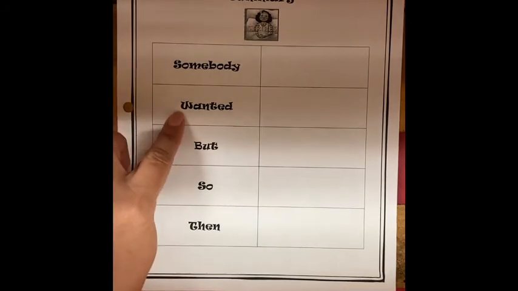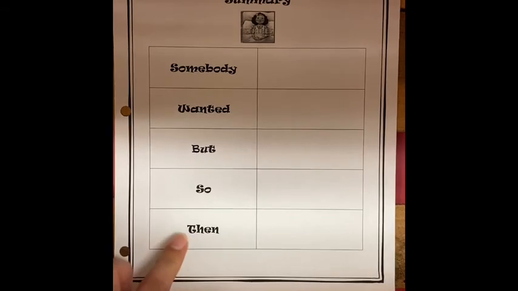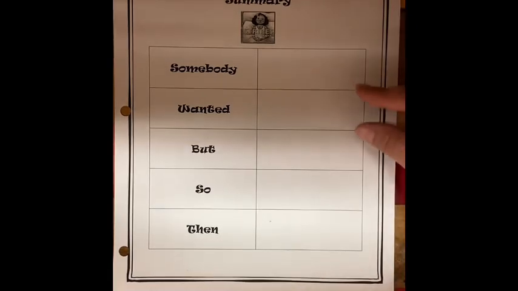Somebody wanted, but, so, then. This is going to be uploaded to your Class Dojo student account. It's going to be on your student to-do list on Class Dojo. So you click on this assignment. It's going to be called A Bad Case of Stripes Summary. Click on this assignment, and then you are going to fill in these boxes.